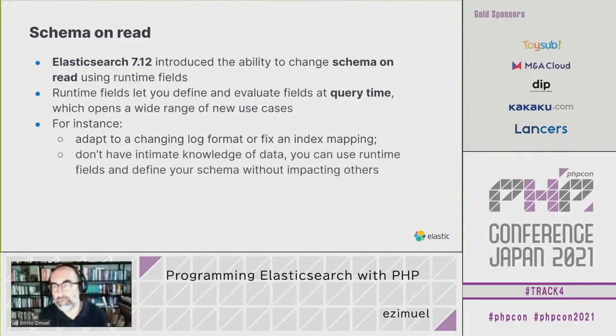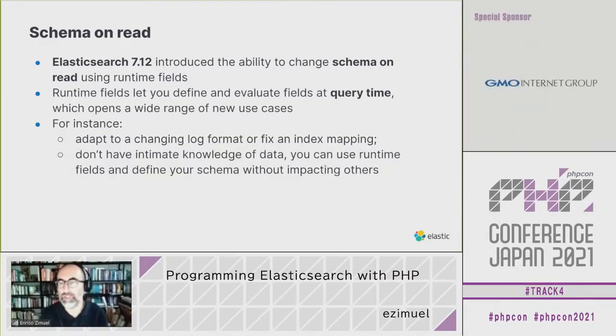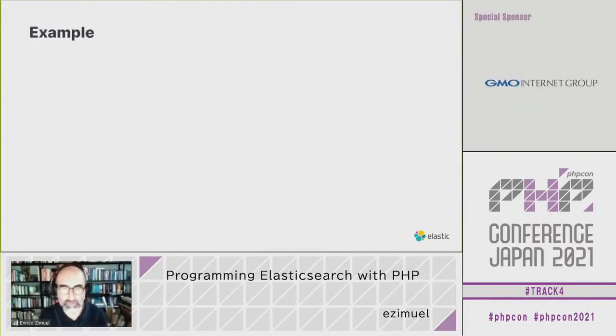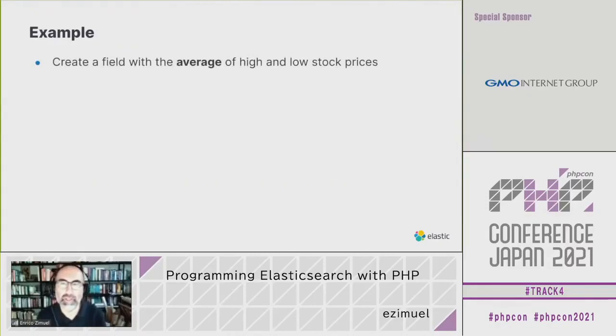Or maybe you don't have a lot of information about your data that you are storing in Elasticsearch, but you want to change it at the time you read it. Let me give you an example. Again, we are storing stock prices in Elasticsearch, and we want to create a new field that is the average of the high and low stock price.